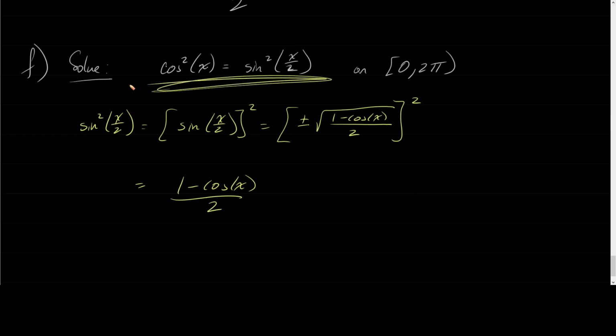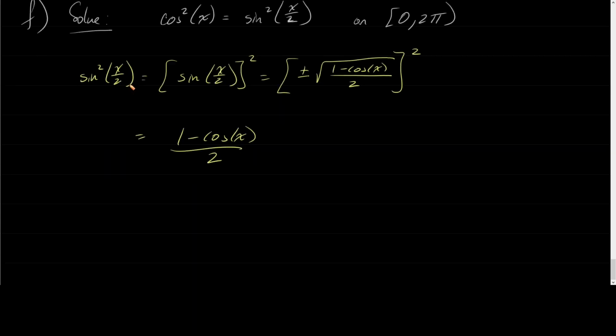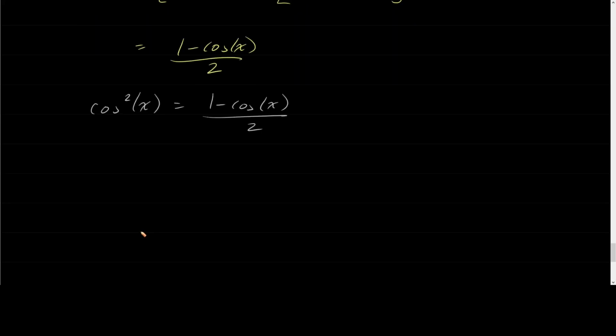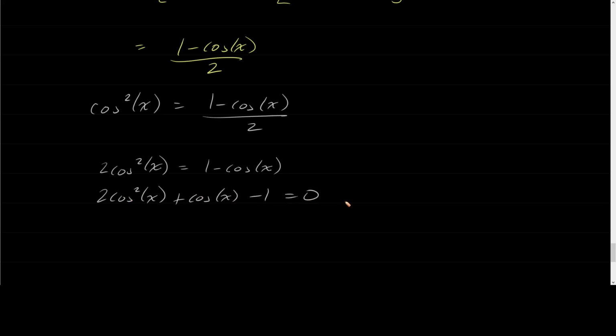That allows us to rewrite this equation simply as cosine squared of x being equal to 1 minus cosine of x over 2. And that's a much simpler equation. In fact, if I multiply it by 2, I end up with 2 cosine squared of x is equal to 1 minus cosine of x, giving us 2 cosine squared of x plus cosine of x minus 1 is equal to 0.